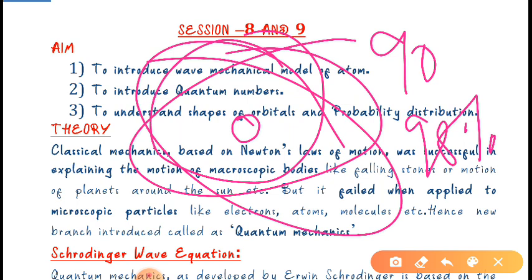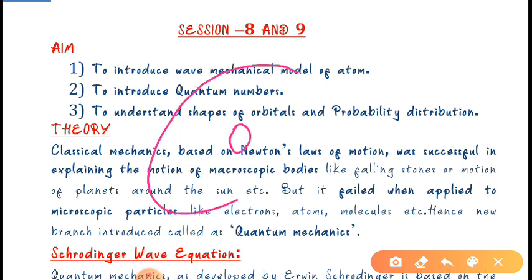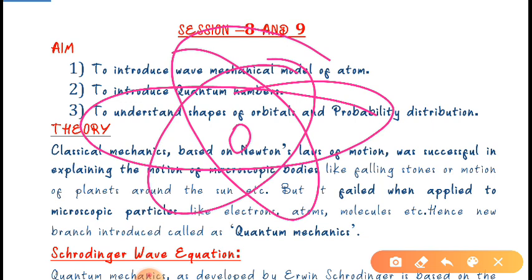An atomic orbital is a three-dimensional region or space around the nucleus of an atom, where there is a maximum probability of finding an electron, and having a certain energy.